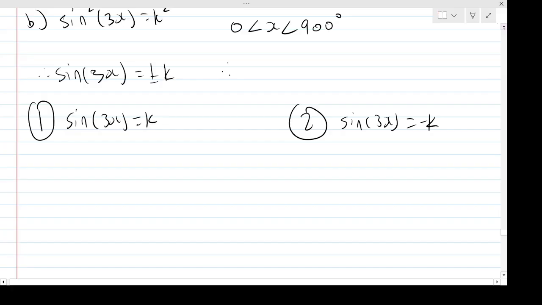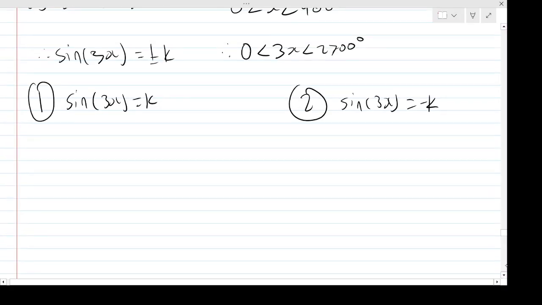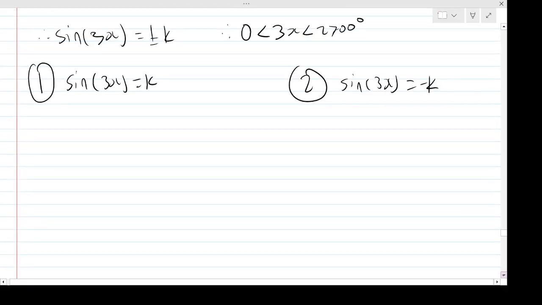So if you times everything by 3, 0 lots of 3x, and then 900 times 3 gets me 2700. Very big number, but remember, we just need to find the number of solutions, okay. So let's start with this equation.